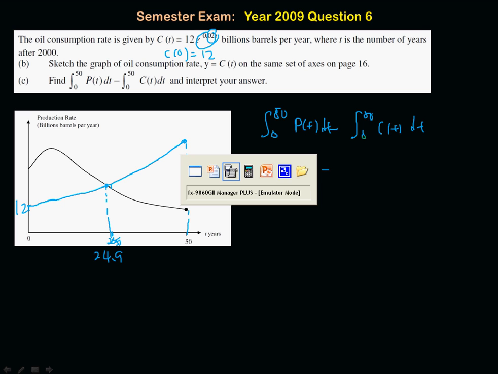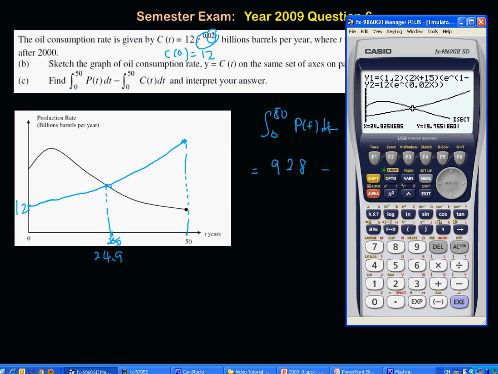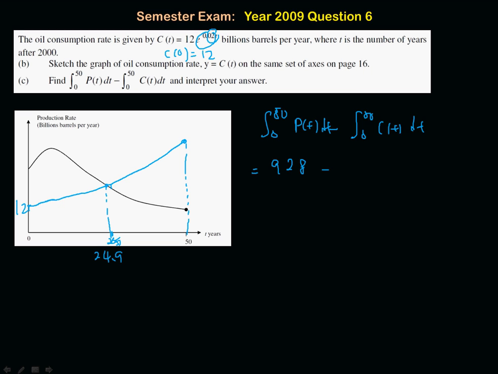So let me solve it. Okay, from 0 to 50, it's about 1031.